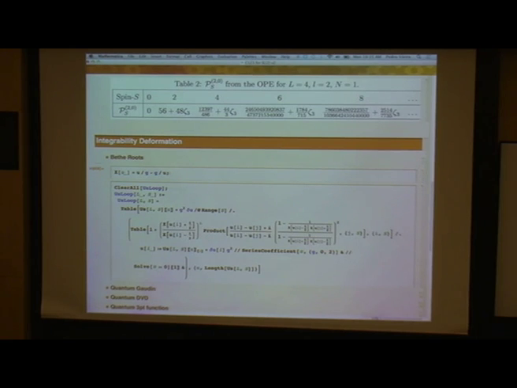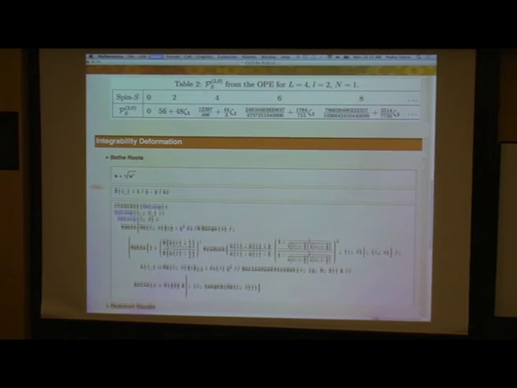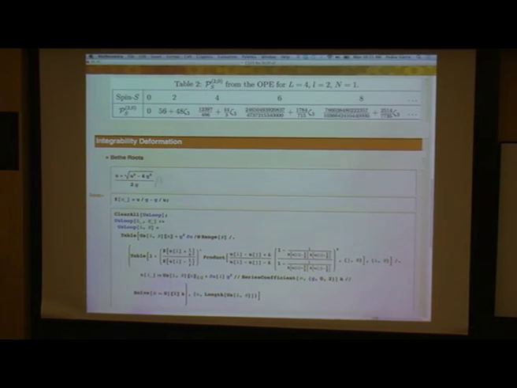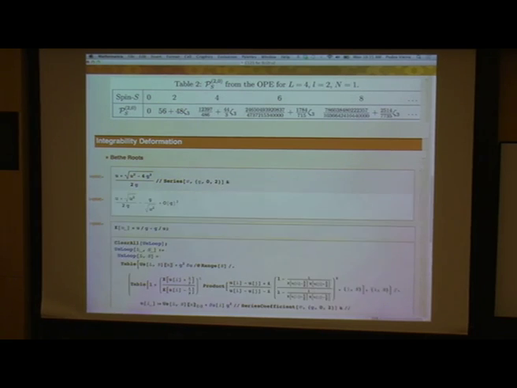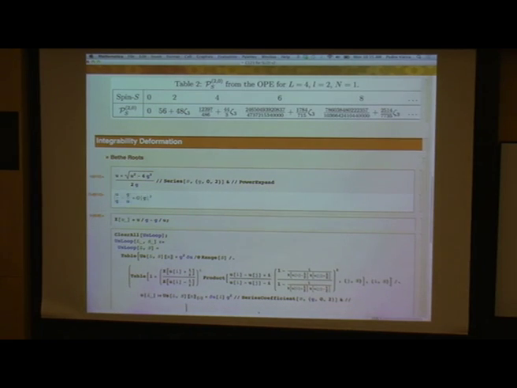Because once you do the leading order, first you have this Zhukovsky variable, remember, which was (u plus square root of u squared minus 4g squared) over 2g. And when you series expand, this is just u over g minus g over u, which is what I wrote here in this line.